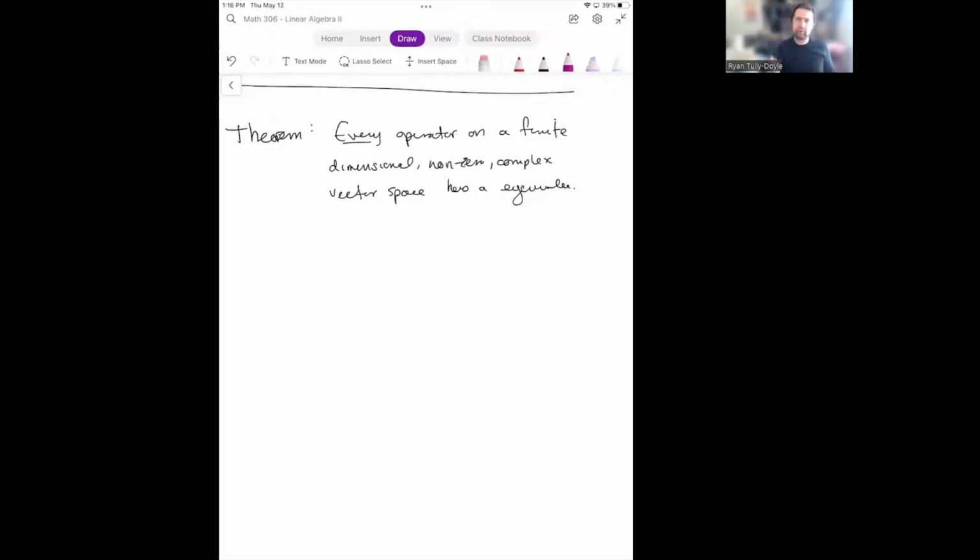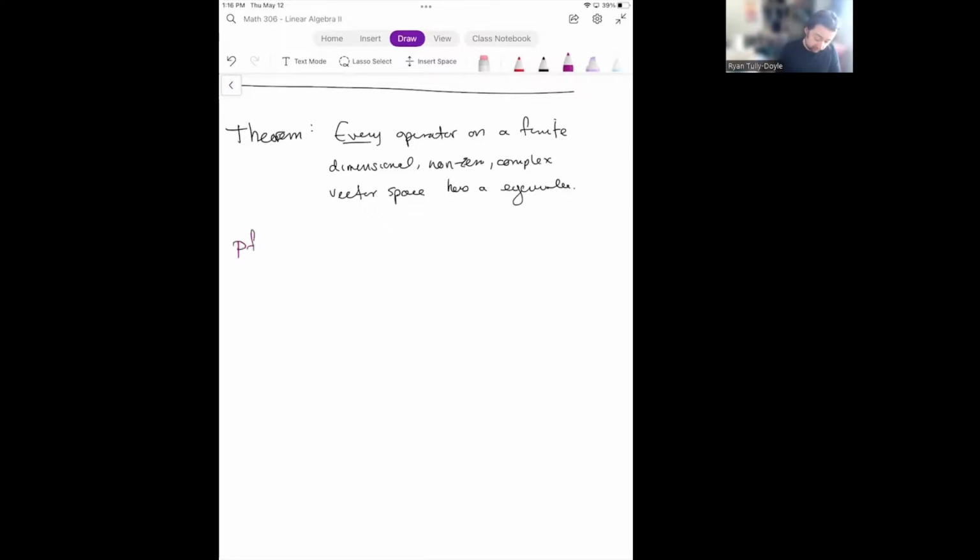If you're a zero vector space, any operator on the zero vector space must be the operator that sends zero to itself, and those aren't very interesting because zero can't be an eigenvector. And then if you're not finite dimensional, weird things can happen. And this proof doesn't work if you're not finite dimensional because polynomials aren't sufficient in that case.